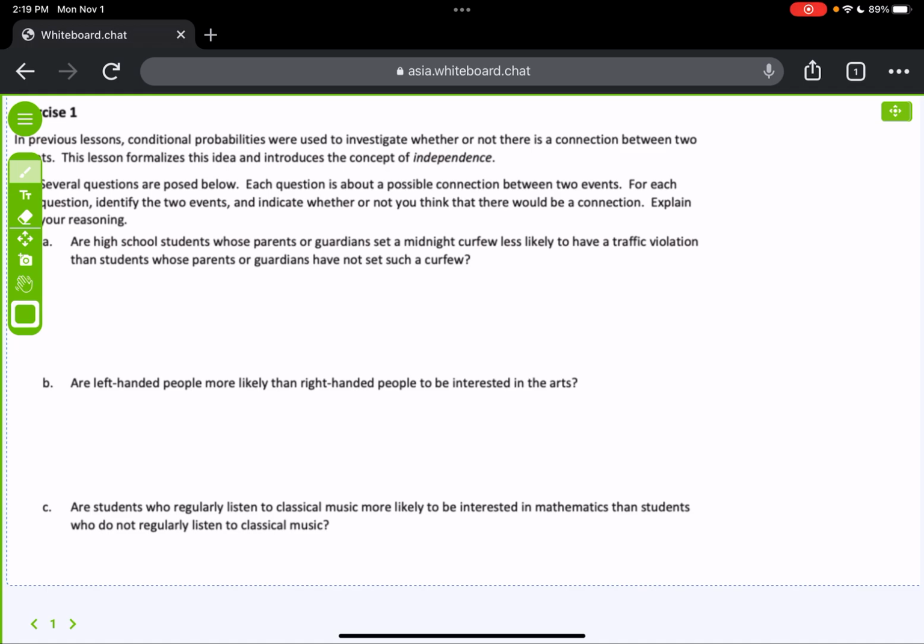So, what are the two events? First of all, two events are curfew and traffic violations. Now, you're going to have to come up with your reasoning about the two. Are they connected?